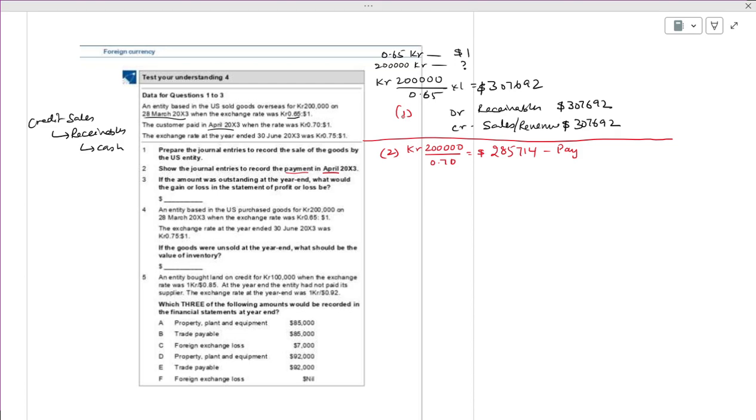How much have they paid? 284. They paid, means how much do you have to receive? 307,692.